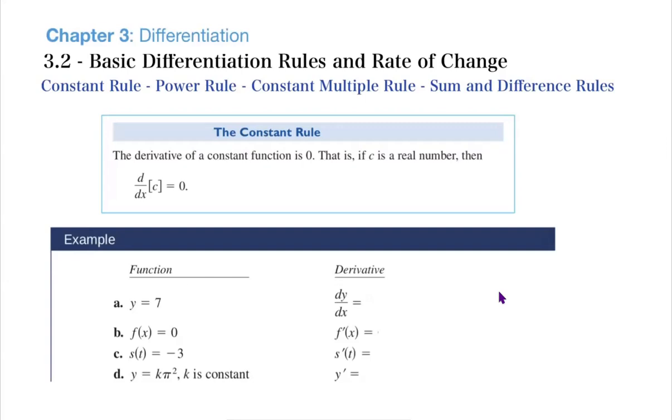The constant rule says that the derivative of a function that is constant is always zero.